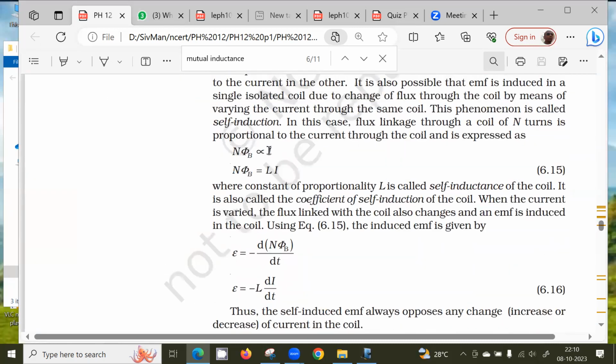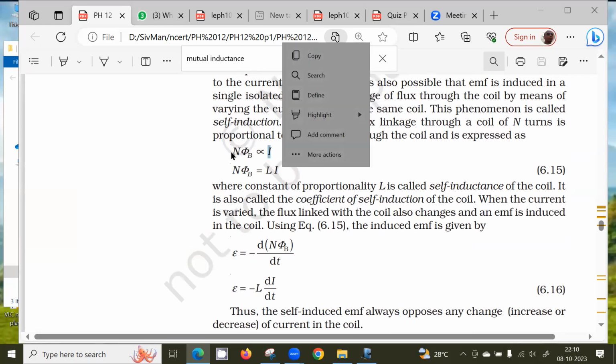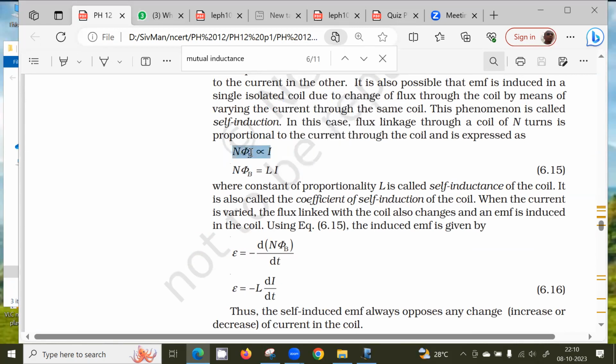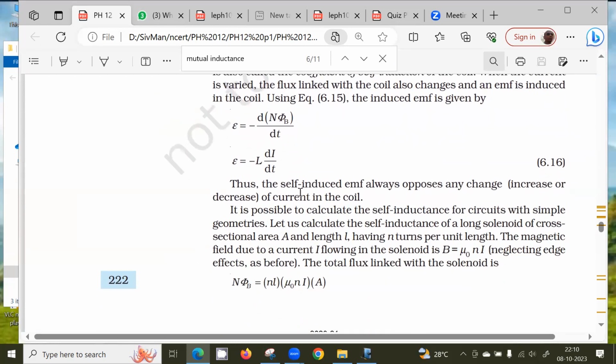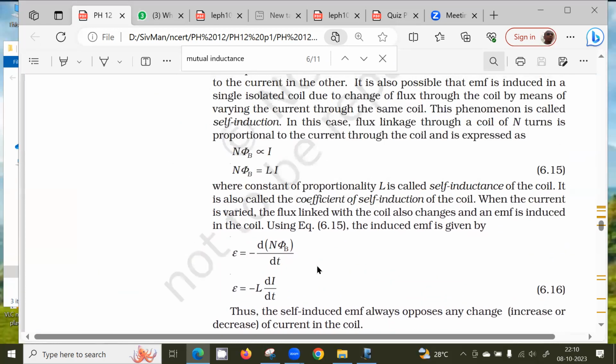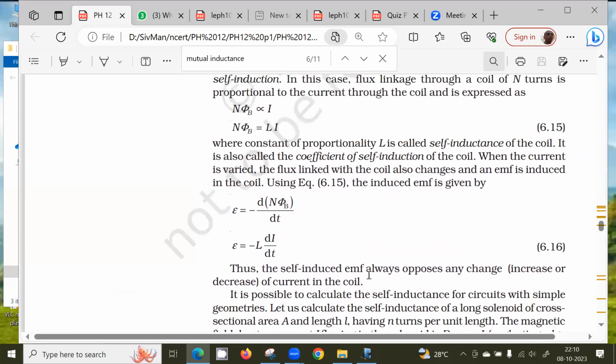So current in one coil will produce flux which is linked in the same coil. That will induce an EMF in it, which is d phi by dt. And the direction of this induced EMF will be to oppose the change.